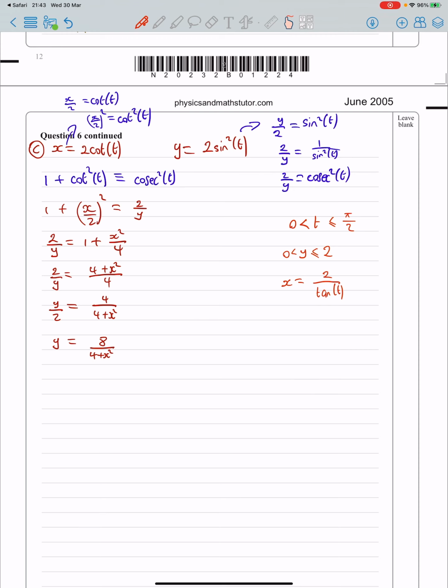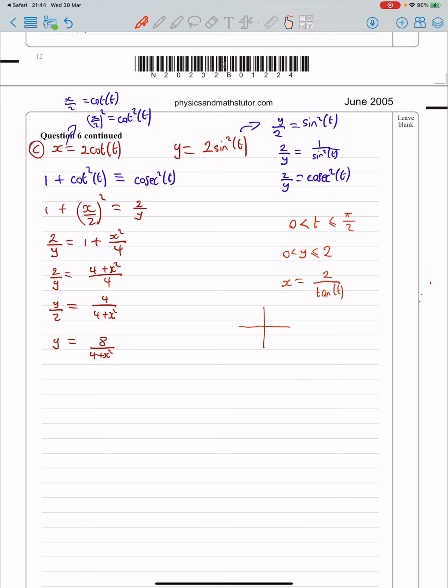You can't divide by 0. Okay, so with cot, as t is close to 0, it's quite close to infinity for the cot graph, I guess.